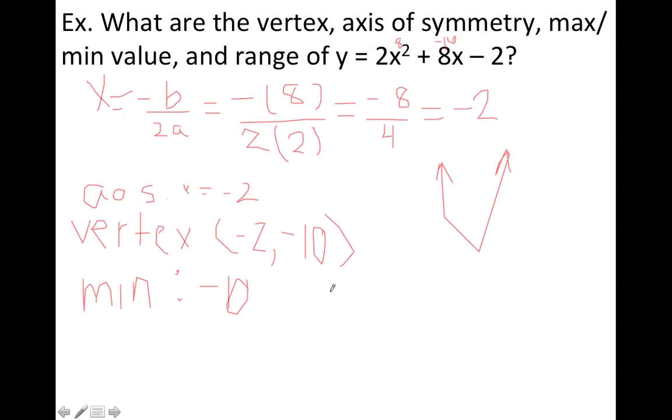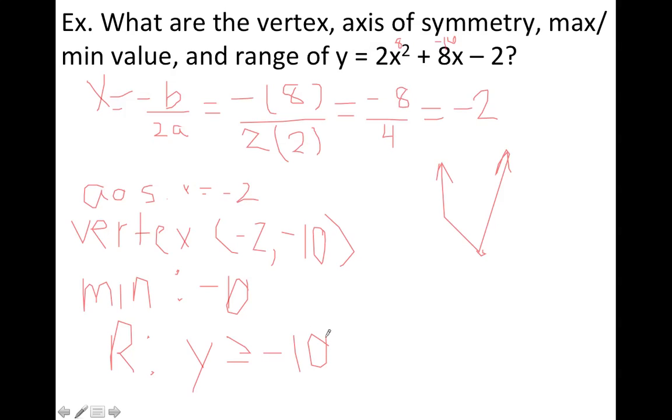And the last part is to identify our range. Remember, range we represent with a big letter R. Range is the y values. And again, our lowest point is -10 and our graph goes up, so it'll be y greater than or equal to our minimum value, or the y value of your vertex, so -10.